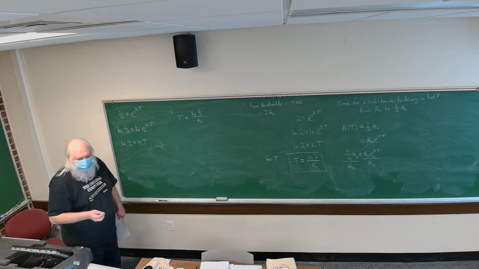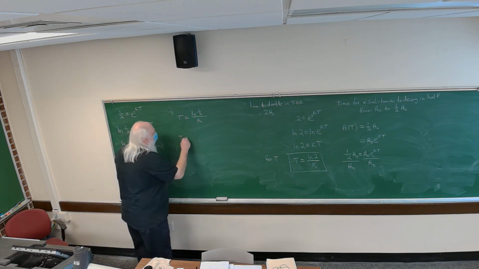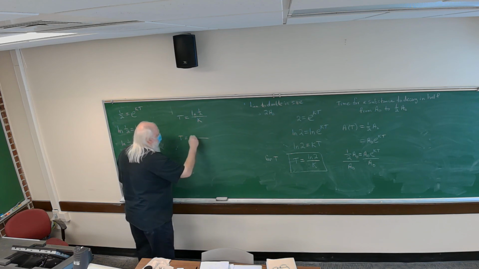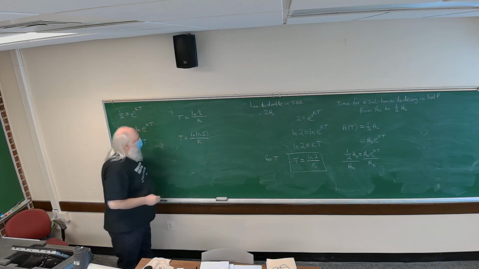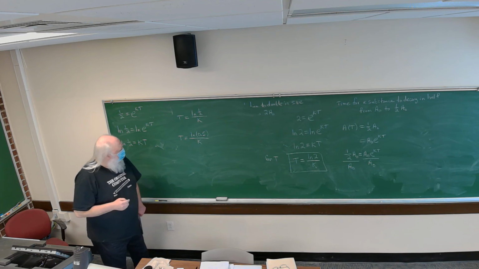K is negative. Okay. So 1/2 is the same as 0.5. So you can write this formula as the natural log of 0.5 divided by K.